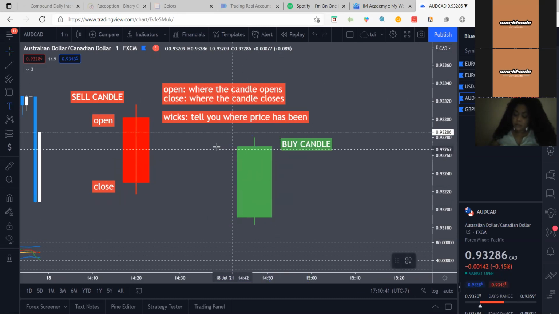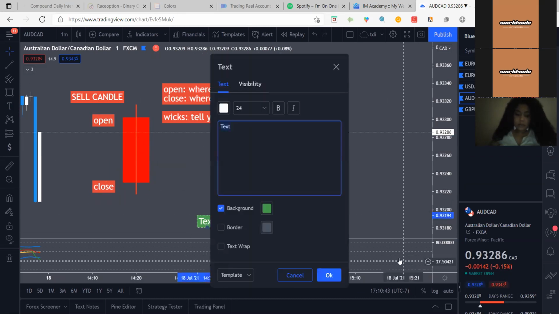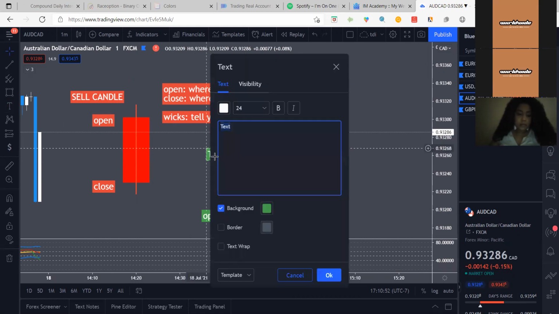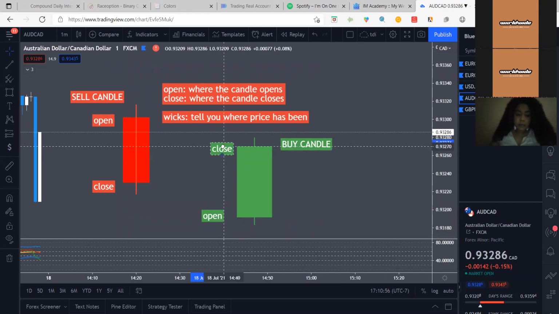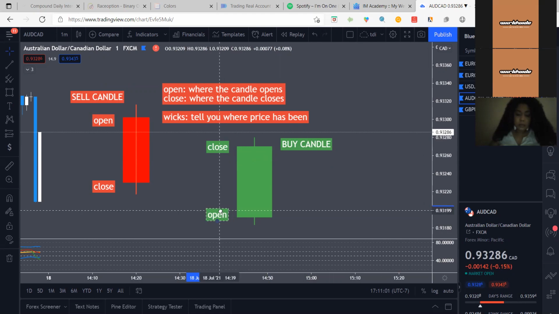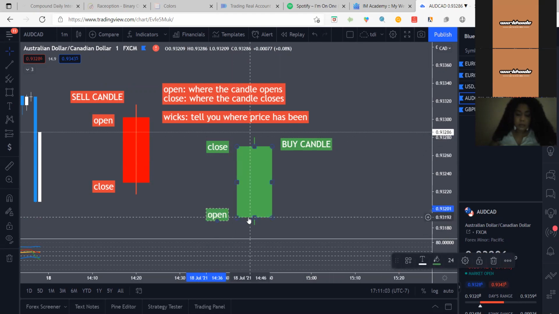Open is down here, and close is up here. So when you think about a buy candle, you need to understand that price started lower, but at the end of whatever time frame you're on, it ended higher than where it opened.